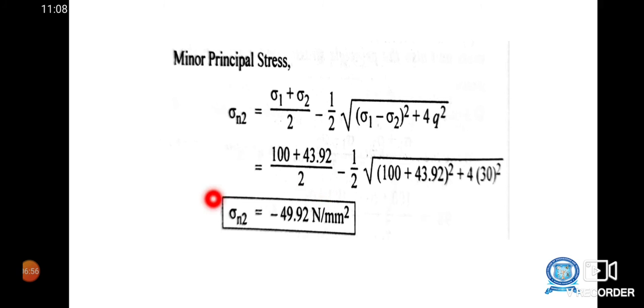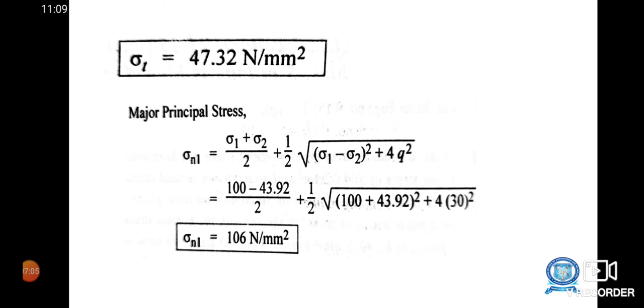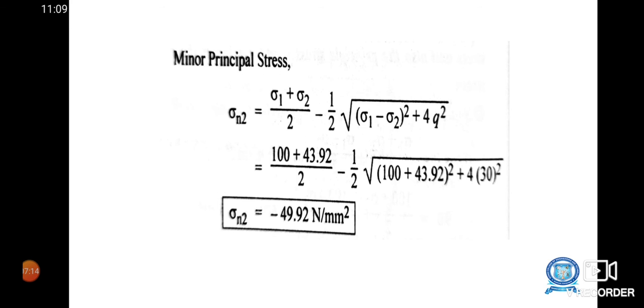We got the minor principal stress sigma n2 equal to minus 49.92 Newton per millimeter square. That is the difference between the formulas: for the major principal stress we apply plus, and for the minor principal stress we apply minus. So the minor principal stress sigma n2 is minus 49.92 Newton per millimeter square.